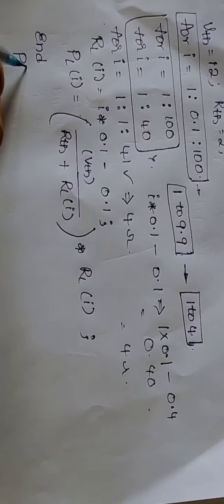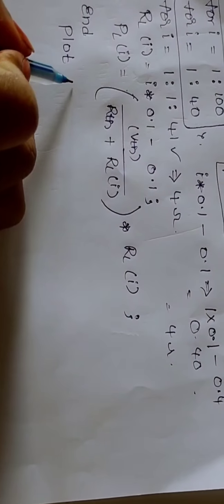Then we execute plot. Which are we plotting? RL comma PL we have to plot. We are also using the grid command.